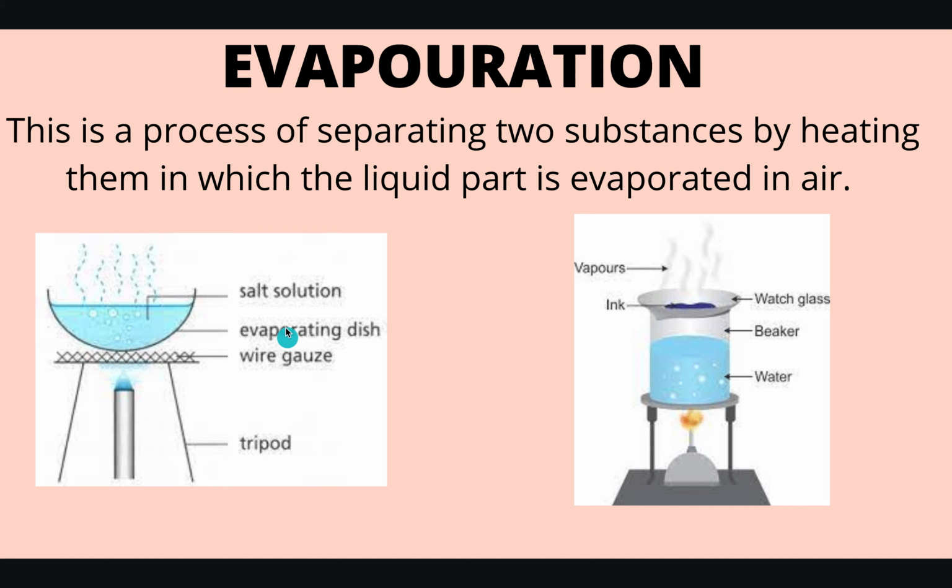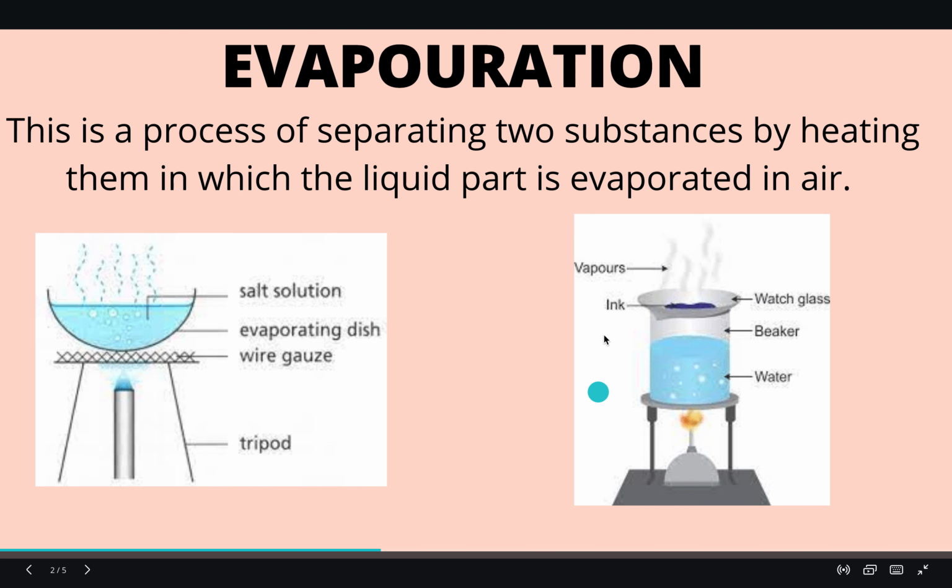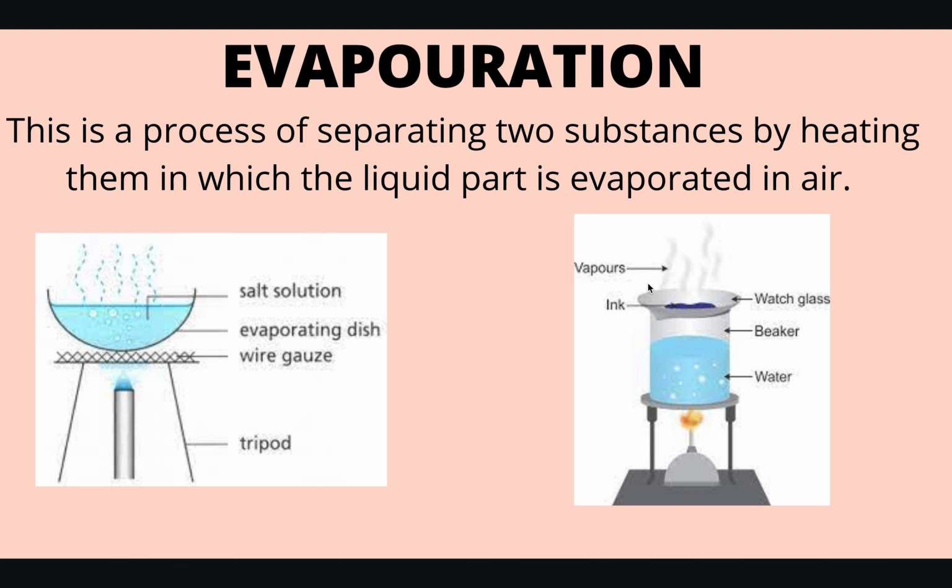So here you can see that we have a salt solution and we are evaporating water from it. And in the second, if for example we have a mixture of ink and water, how are we going to separate this? First we are going to put the ink and water solution here, and then we're going to place a watch glass here.